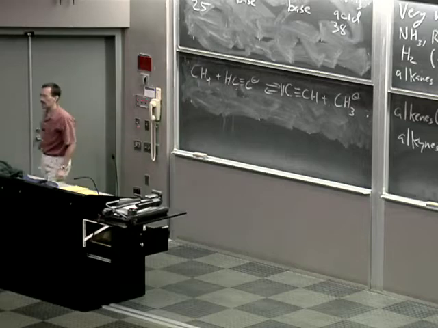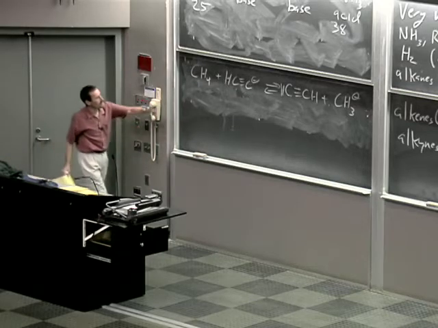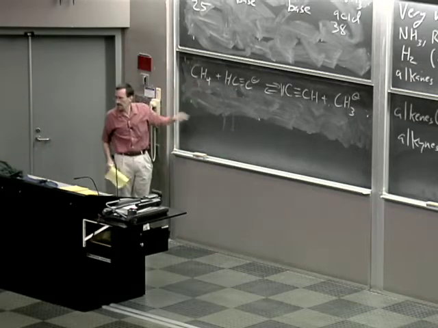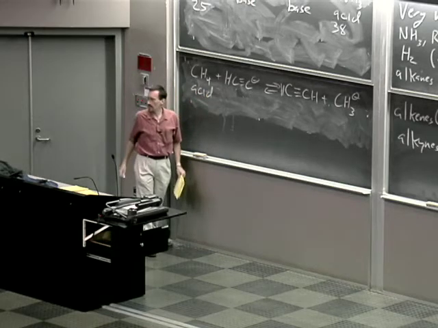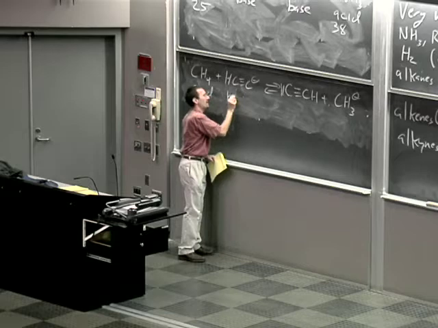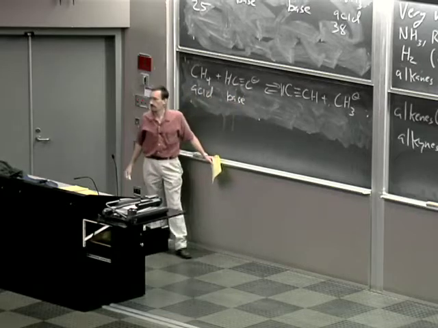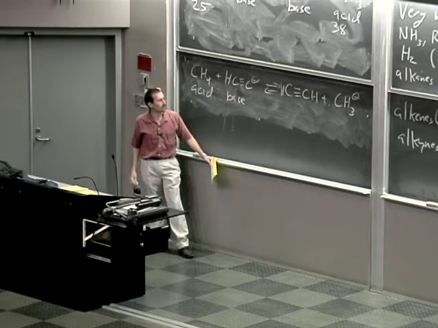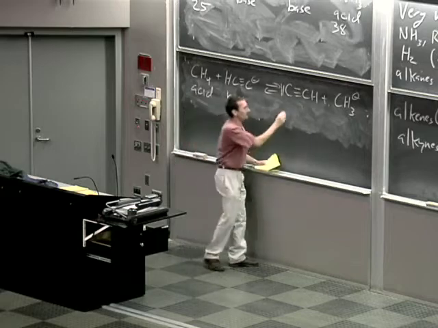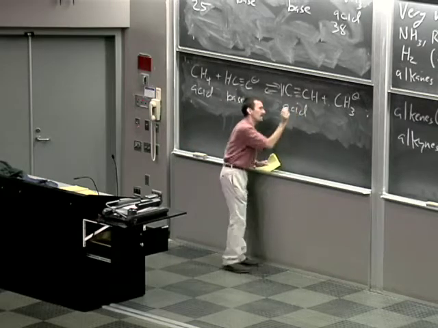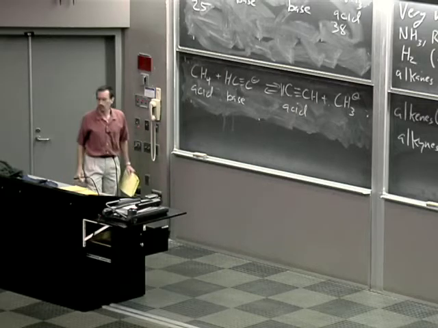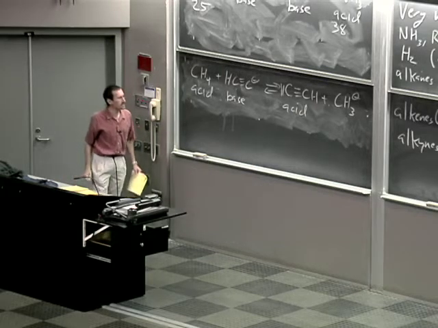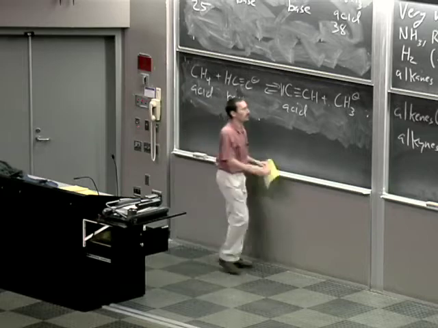Once again, an acid-base equilibrium. Methane is acting as an acid. It's giving up a proton. Acetylide is acting as a base. It's accepting a proton. We generate acetylene, which is the conjugate acid of acetylide, and methyl anion, which is the conjugate base of methane.